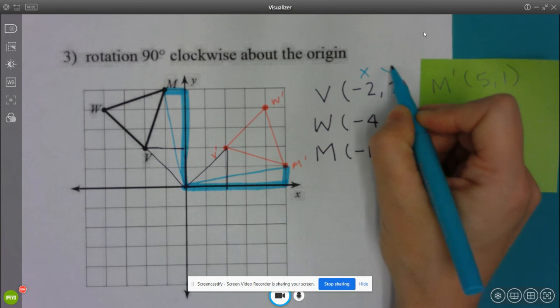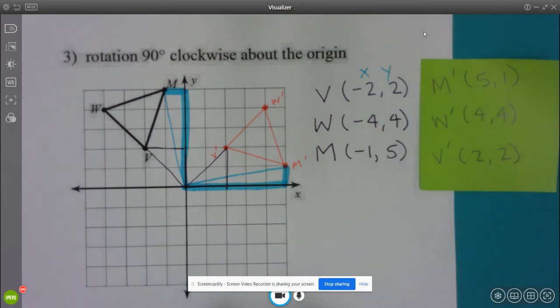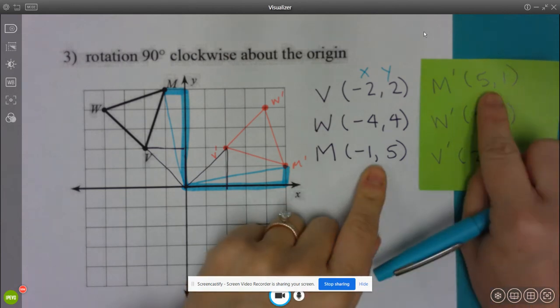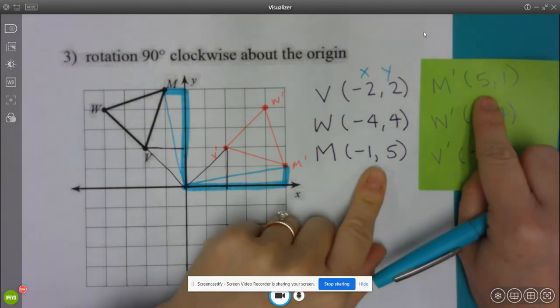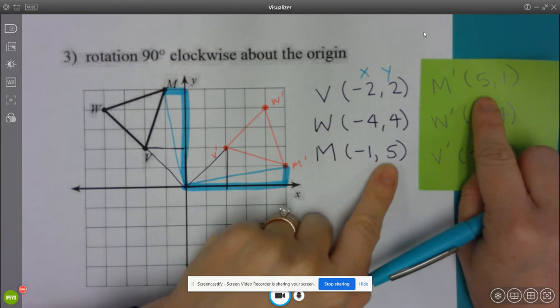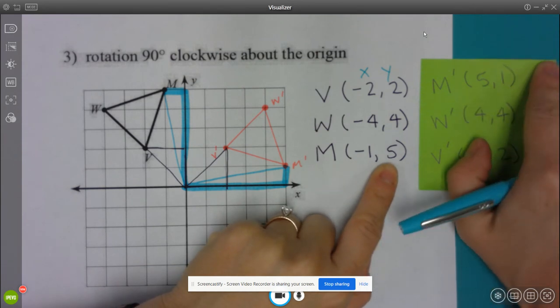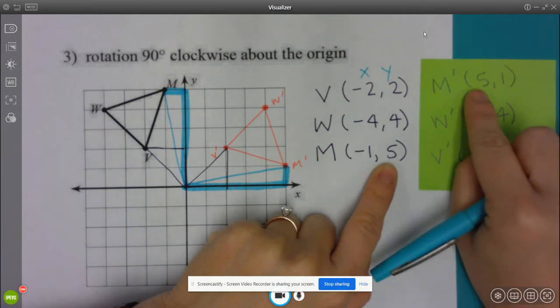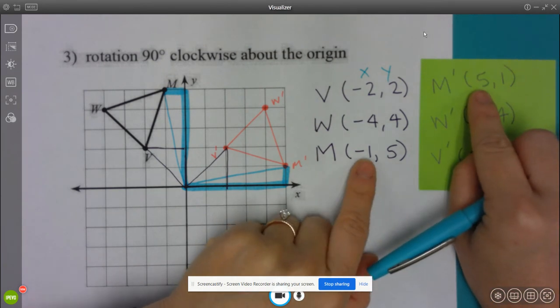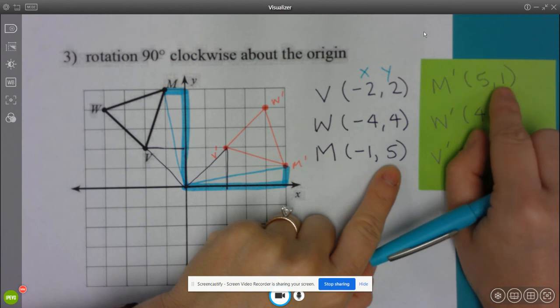Here's X, here's Y. Oh, I did them all out of order. Whoops. Let's look at M. Sorry. So M is at -1, 5, and M prime is at 5, 1. It's easier to see with M because these coordinates, these values are different.